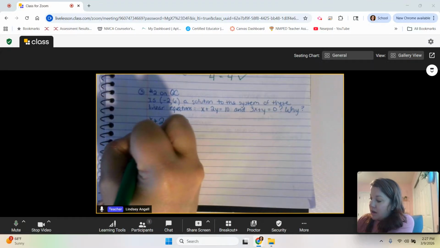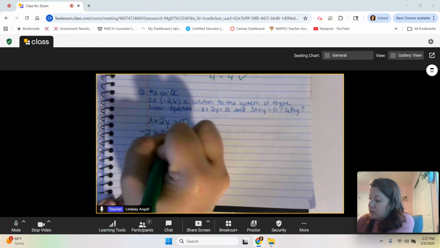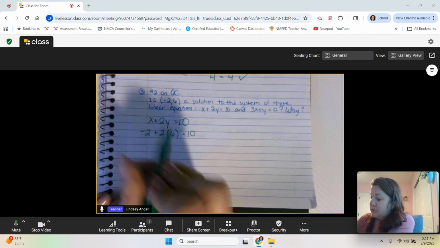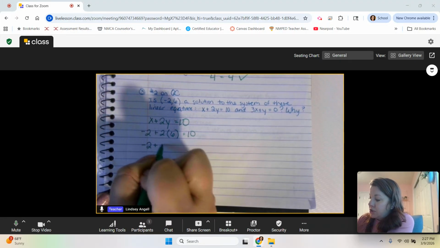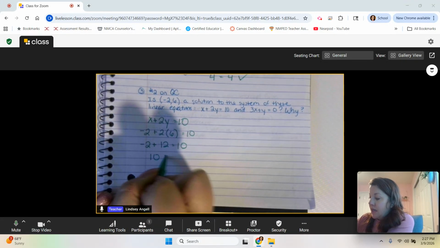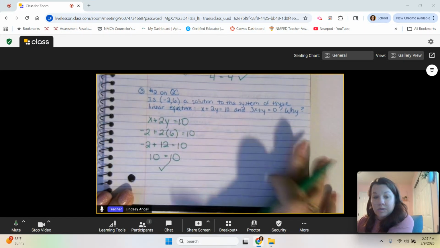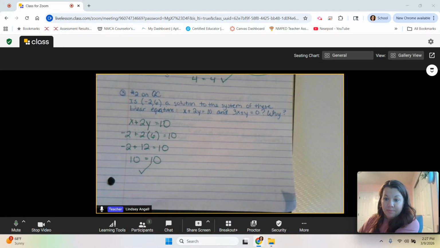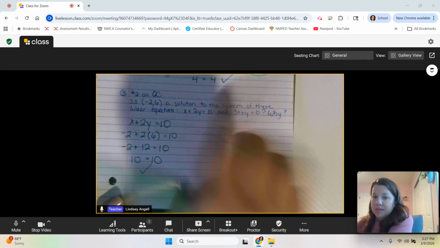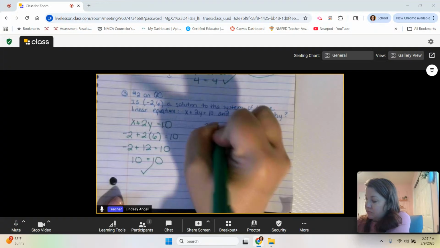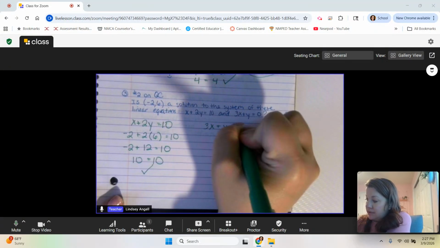So let's see, we've got negative 2 plus 2 times 6 equals 10. Well, 2 times 6 is 12. Negative 2 plus 12 equals 10. Add those together, 10 does equal 10. So it works for the first one. I mean, of course it's going to, right? To work with one, we can solve it. But then this one here, let's see, 3x plus y equals 0.